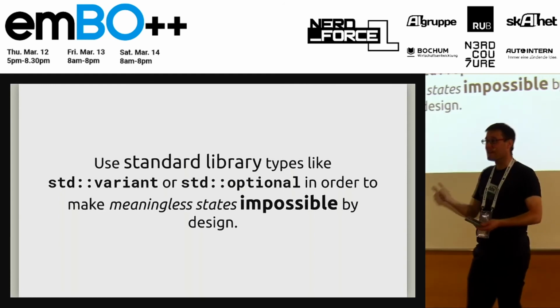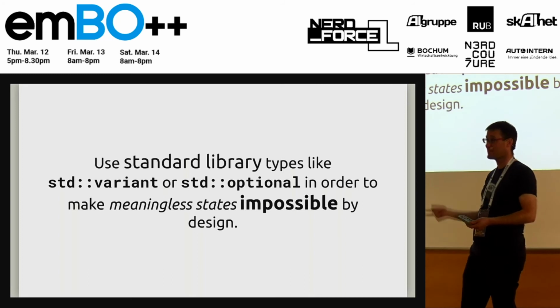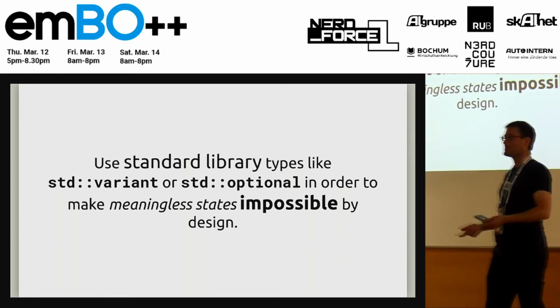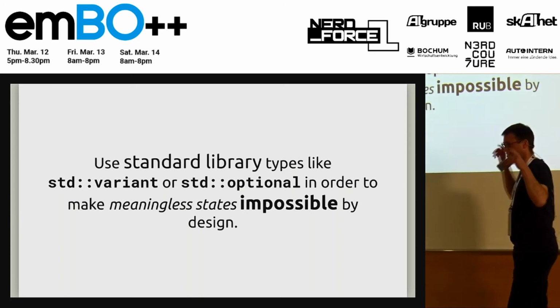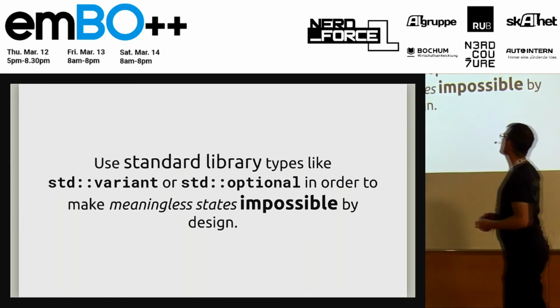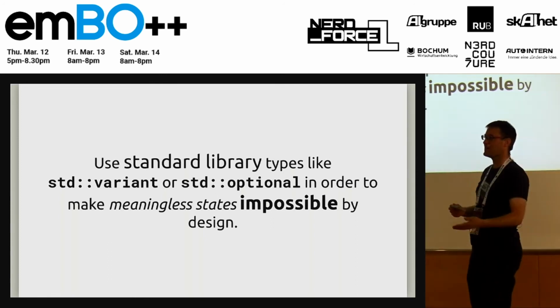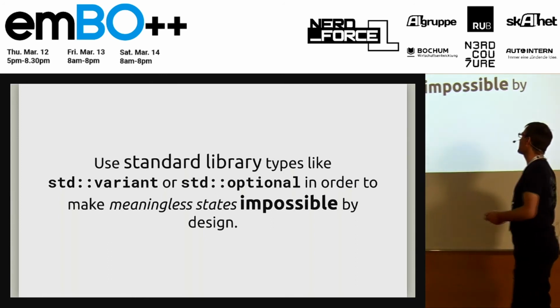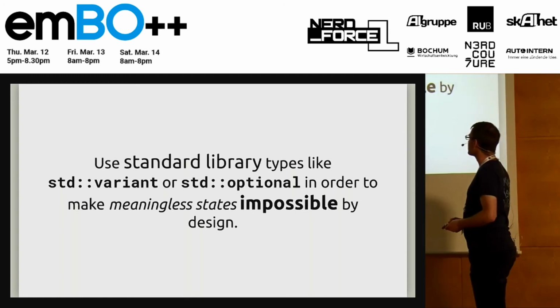You get back either a value or an error. If you have a value, you don't have an error, and if you have an error, you don't have a value. So it gets rid of this impossible state. This is also something that comes up with these types, if you look at sum types or product types.